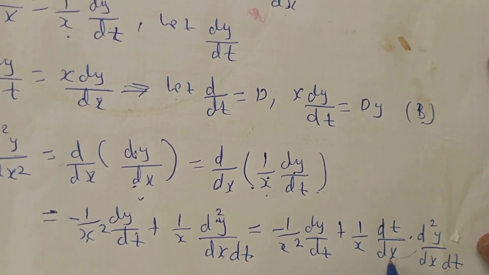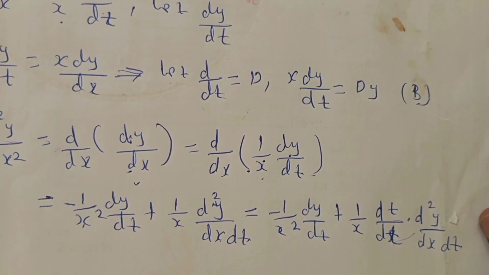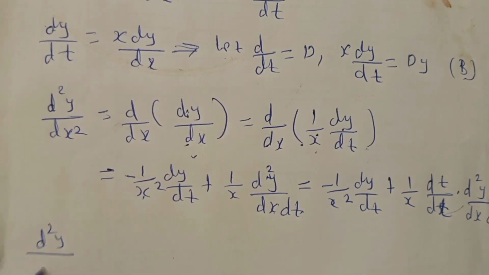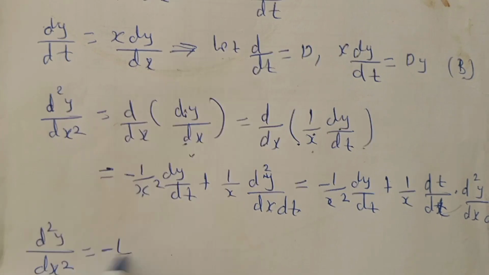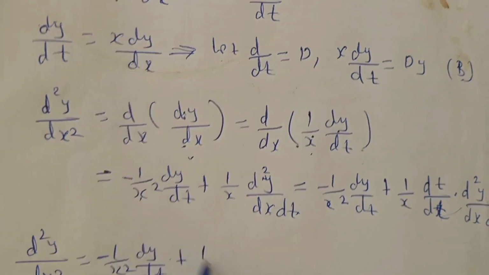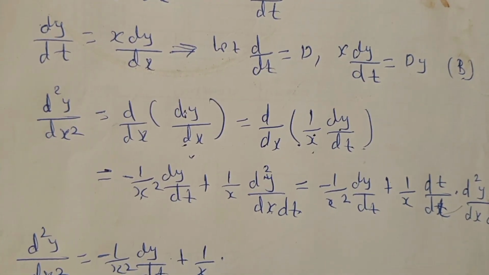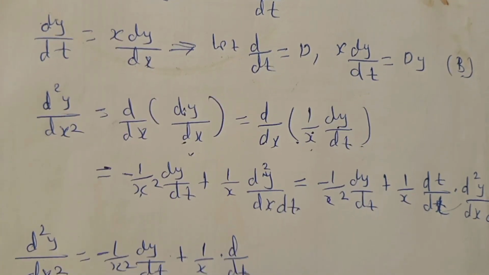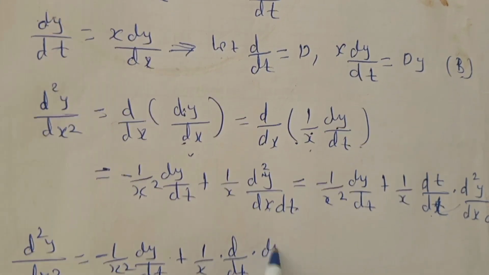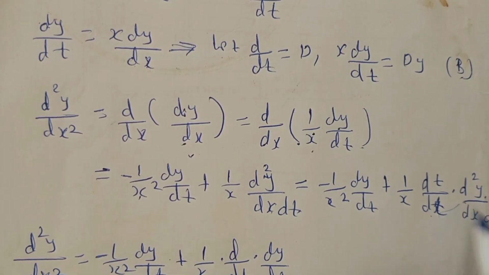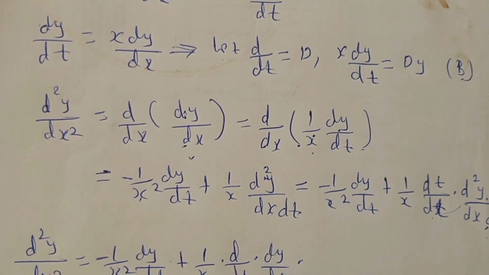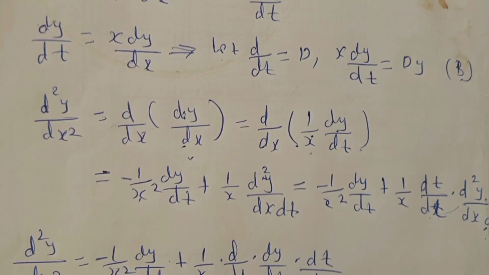Here I am going to separate them, so that now we shall have d squared y over dx squared equal to minus 1 over x squared dy over dt plus 1 over x multiplied by d over dt of dy over dt, multiplied by dt over dx.